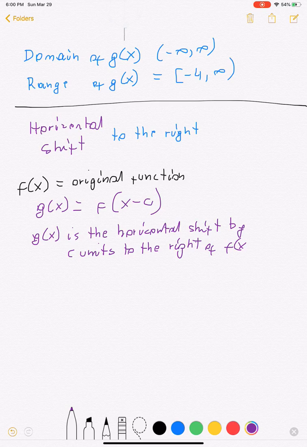Okay, so now what's going to happen, you're going to have the original function and we're going to push that original function to the right. So y values won't be affected, the height of the graph won't change, however x values will be changed.